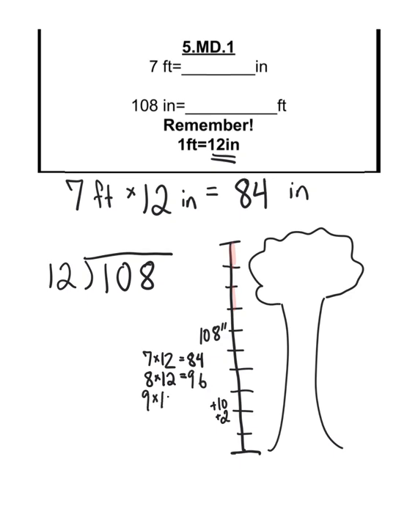All right, so let's build on that. 9 times 12, okay, 96 plus 10 gives me 106, plus 2 more gives me 108. Okay, so that must be 9 feet then. 9 feet and 84 inches.